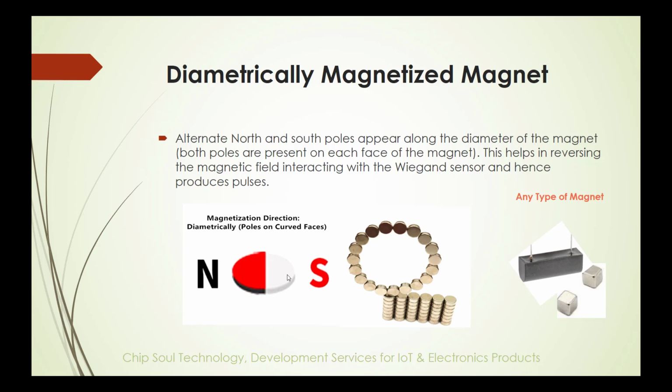But whenever you don't have this type of magnet, you can use any type of magnet. Take any two magnets very close to each other, and whenever you rotate the magnet or the sensor, you will see the output voltage. So to summarize this slide, if you don't have the diametrically magnetized magnet, you can use any type of magnet by placing the magnets and the sensor like in this position.